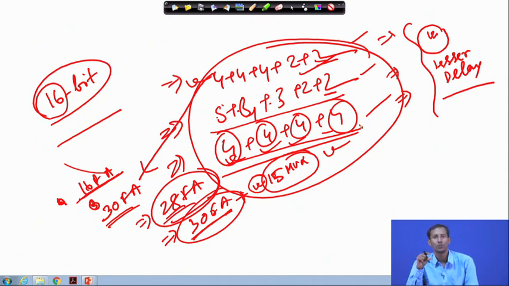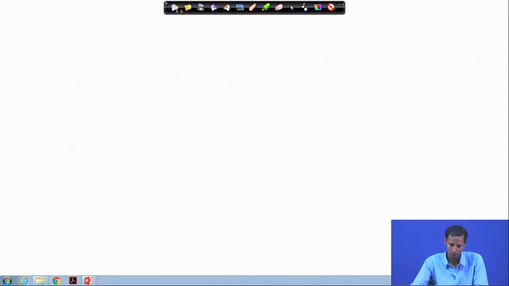Based on this logic, people developed another architecture, possibly the fastest adder, the conditional sum adder. We will see that architecture now.